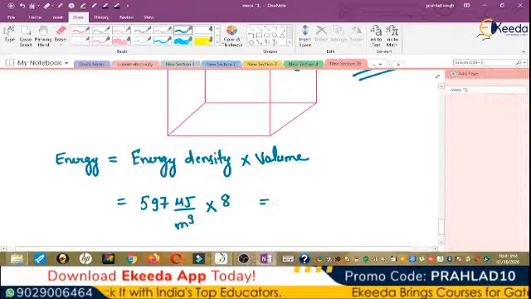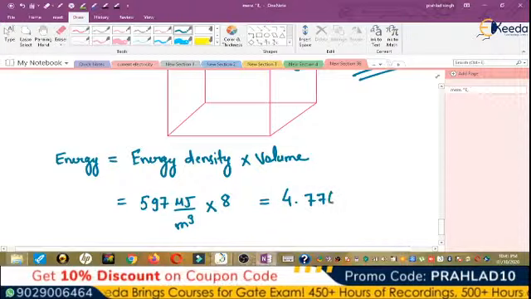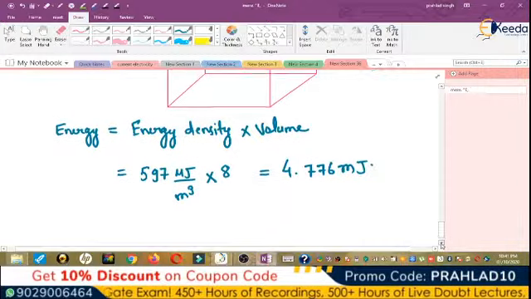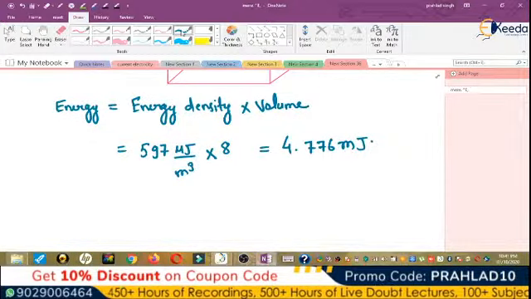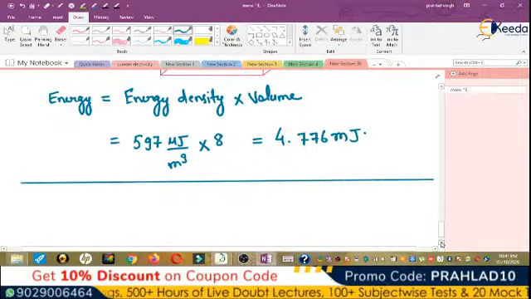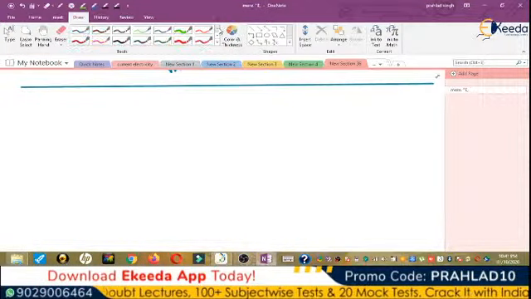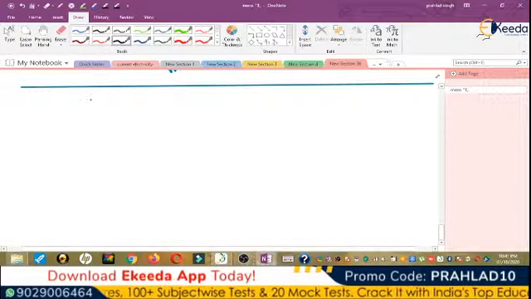So when we solve this, the answer is 4.776 millijoule. Okay, so this is our first case, right?